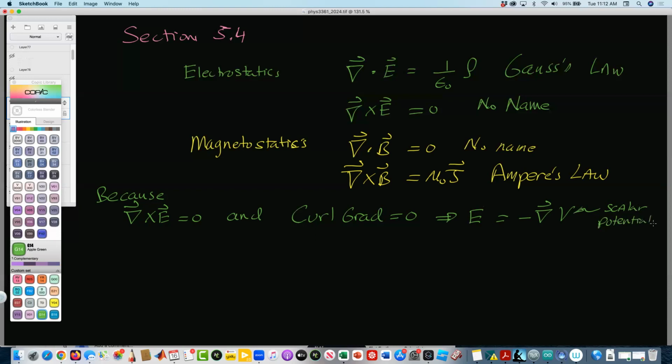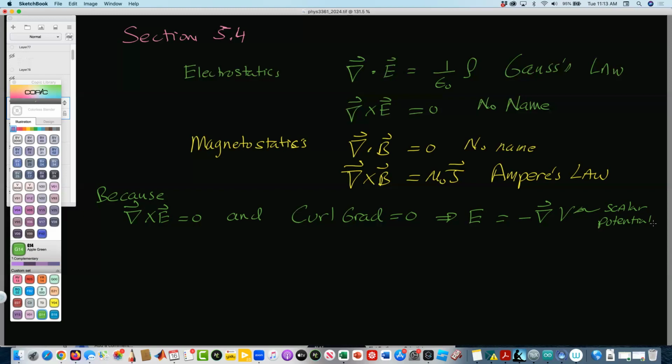Remember that? Okay, so for a similar reason, because the divergence of B is 0, we can write B as the curl of a vector potential.